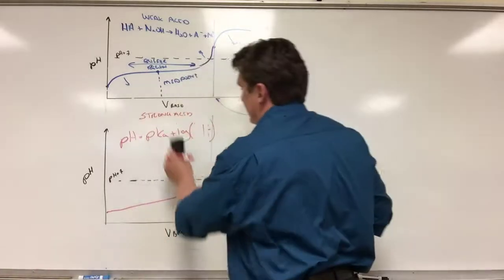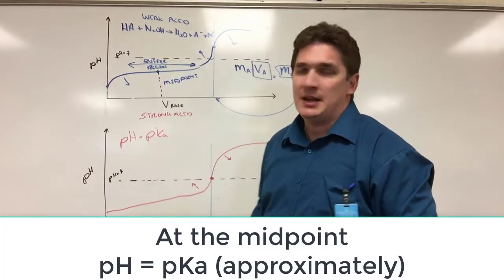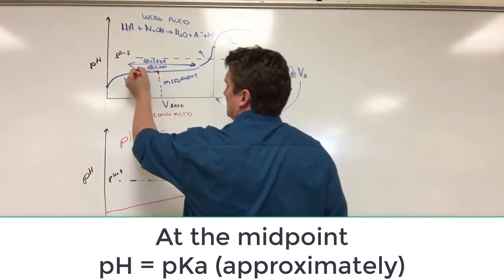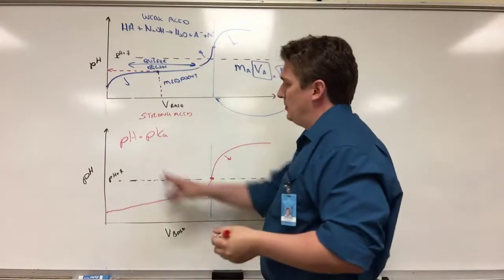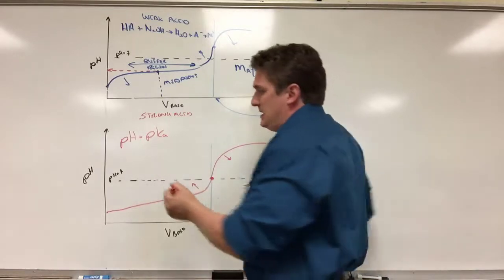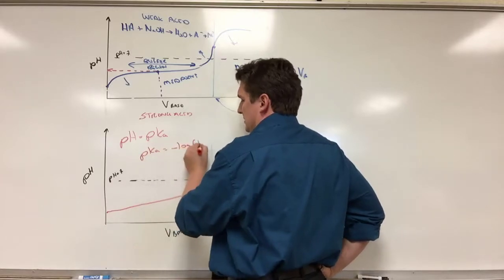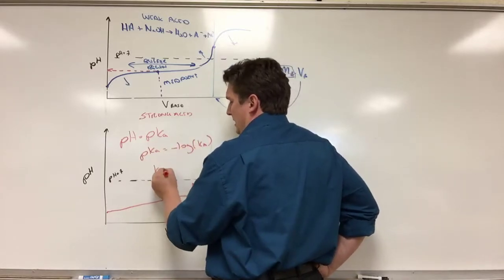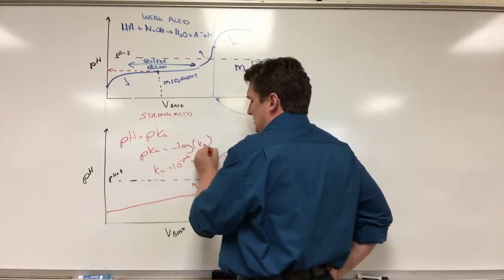So, at the midpoint, we have the relationship pH equals pKa. So if we know the pH at the midpoint, we know the pKa. And the pKa is just the negative log of the Ka, where the Ka is 10 to the minus pKa, or 10 to the minus pH.